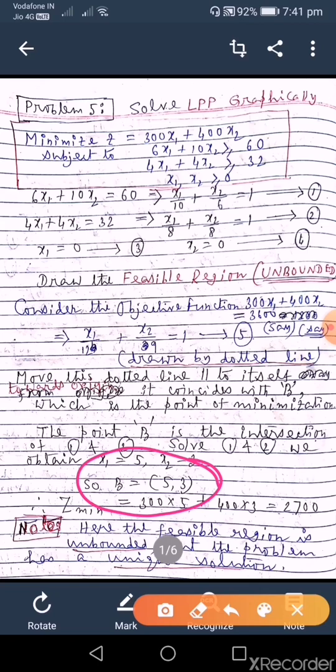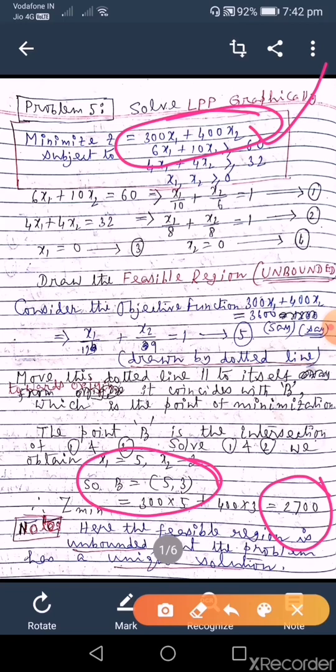So x1 is equal to 5, x2 is equal to 3. We will put this value of x1 and x2 in this objective function. So our final answer is 300 into 5 plus 400 into 3. That means 2700. So the final answer is x1 is equal to 5, x2 is equal to 3, and minimum value of z is 2700.